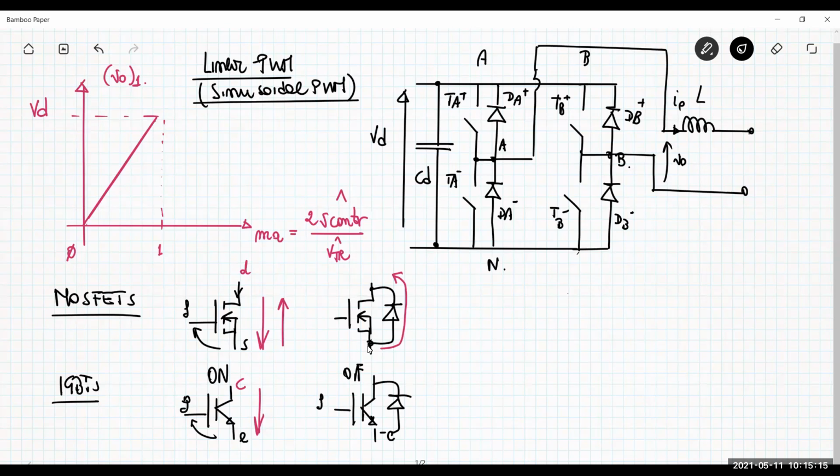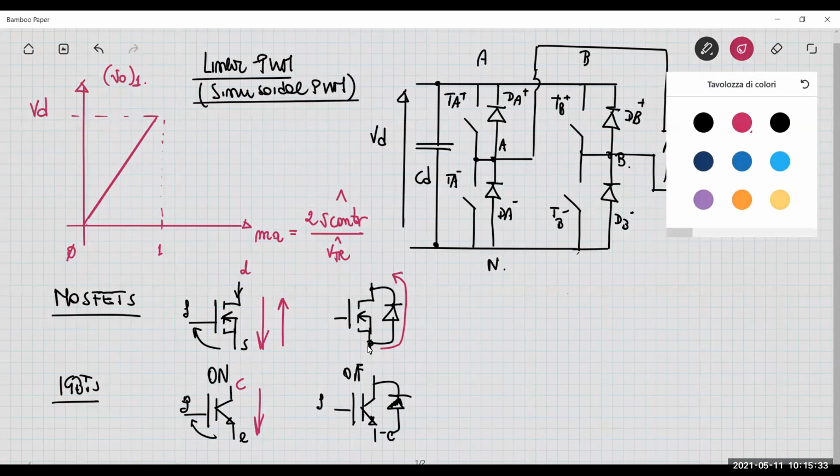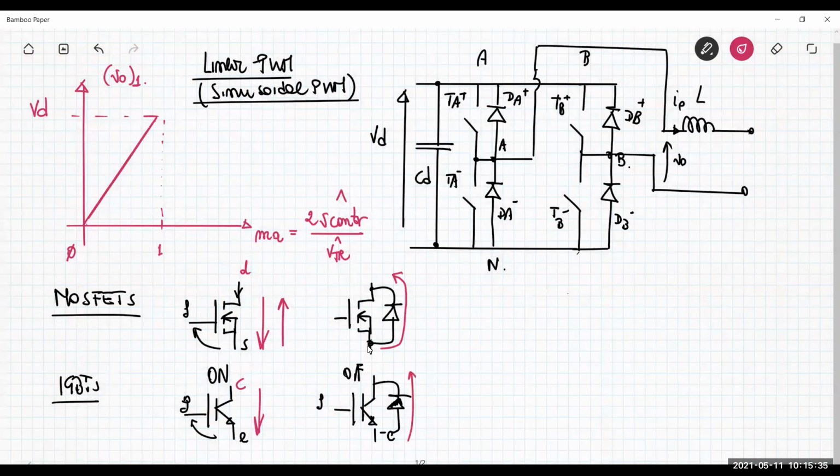They are called copack. Copack means that they are simultaneously present in the same package. Maybe this diode is a little bit more optimized for fast operation because it is specifically constructed, but basically the operation is the same as the body diode. It means that when the IGBT is off, it can make current flow in this direction.